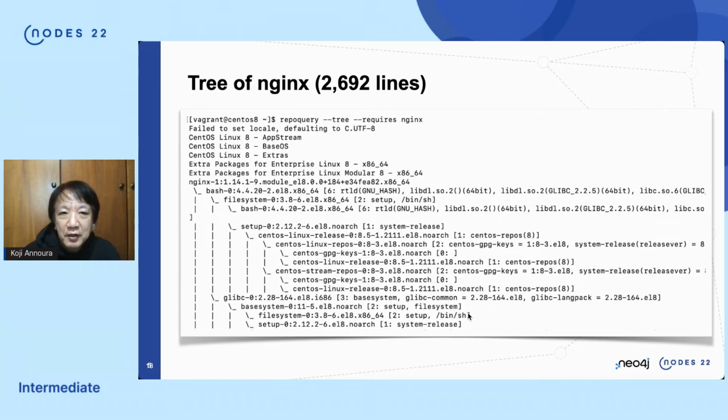It's about just Nginx, but including dependencies, the total is about 3,000 lines. It's long, so long. So I try another piece of information.